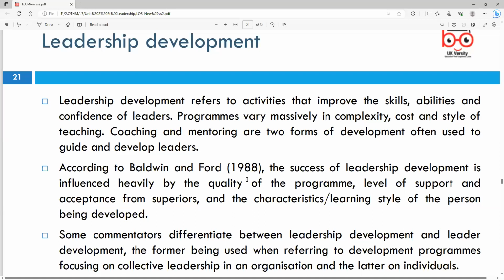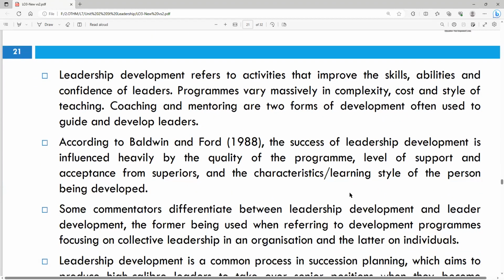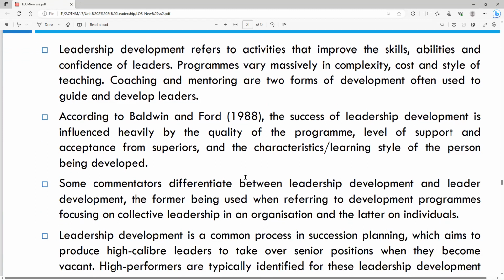Now, according to Baldwin, the success of leadership depends on the quality of the program, the level of support they receive from their superiors or from their team, for example, or their learning style. It depends on these types of factors.